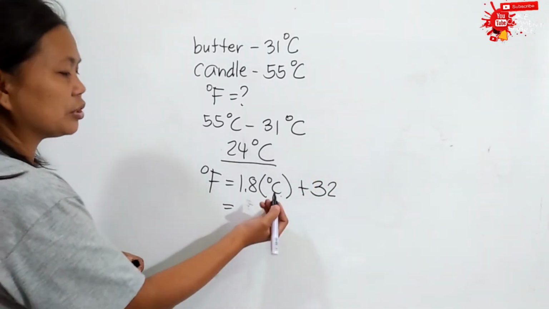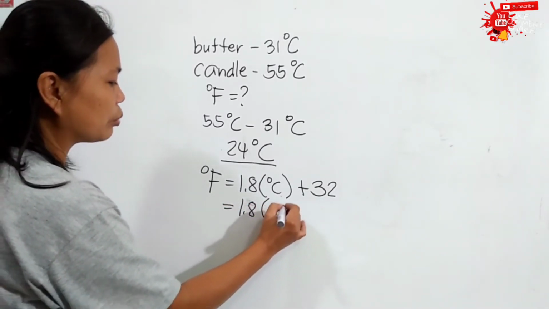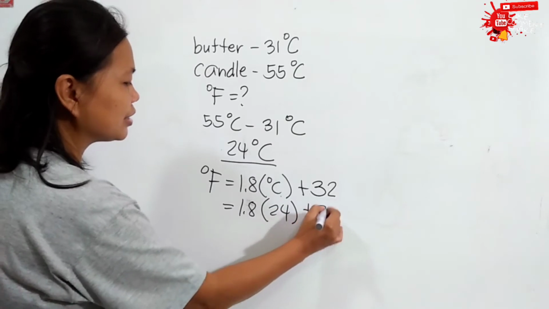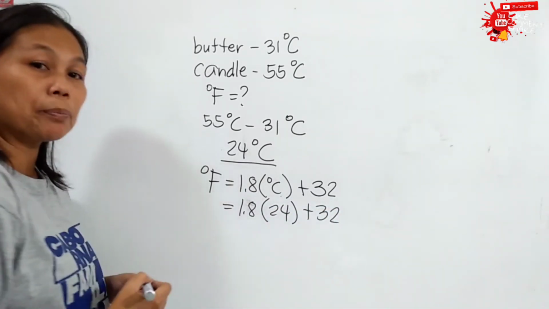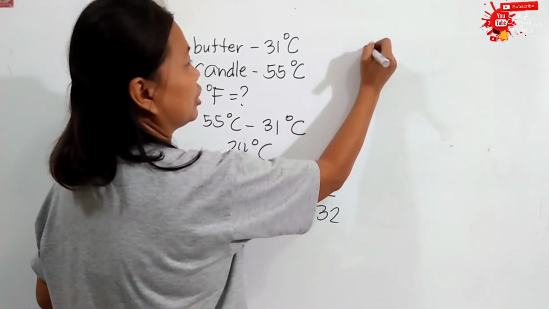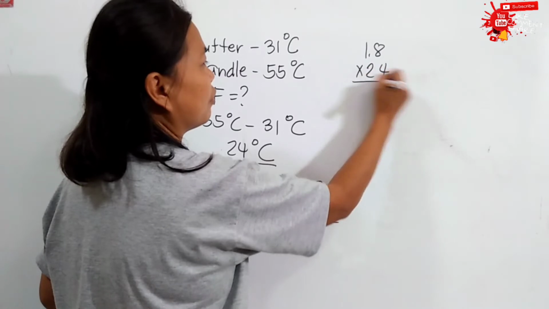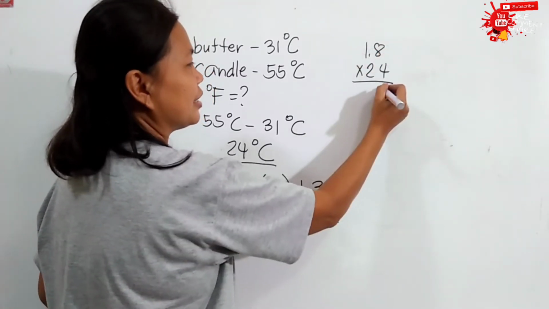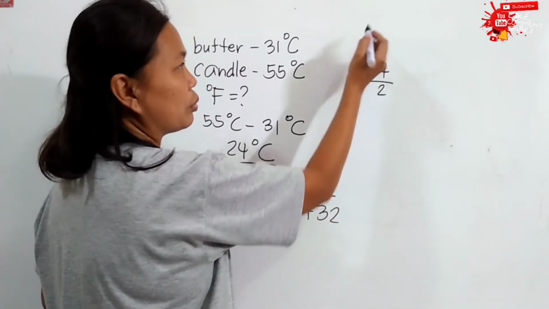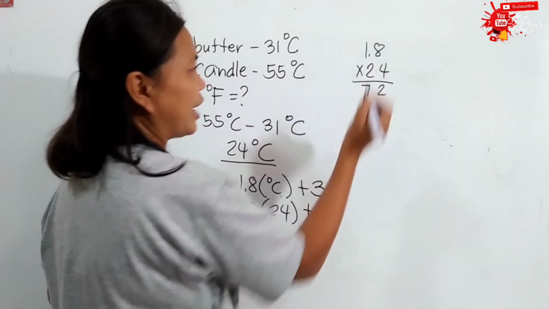So let us substitute the given value. We have 1.8 times 24 plus 32. Let us get the product of 1.8 and 24. So let us multiply 1.8 times 24. 4 times 8 is 32, carry 3. 4 times 1 is 4 plus 3, we have 7.